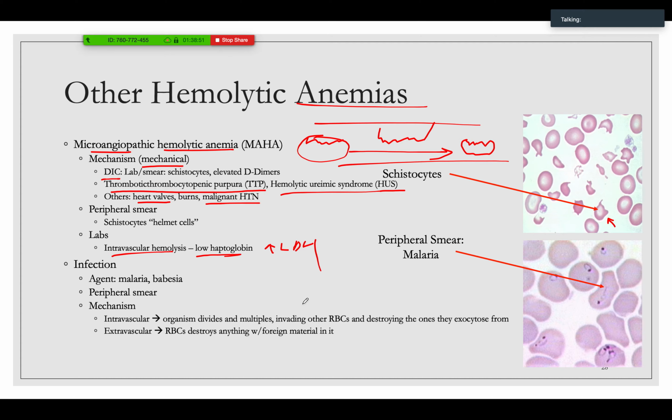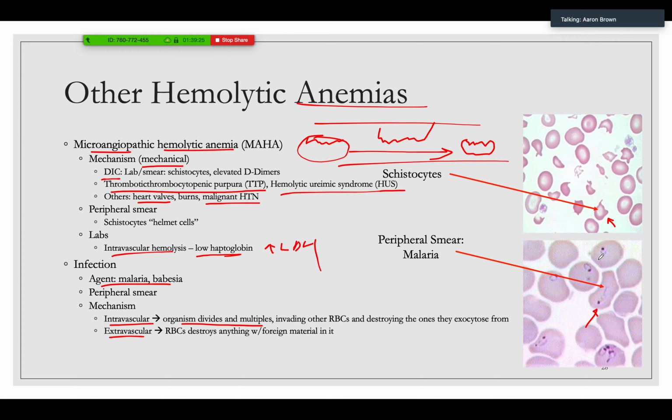Okay. Another type of hemolytic anemia, some sort of infection. So malaria, babesia, all of these different parasites that are transmitted by mosquitoes. You can look at the peripheral smear and usually you can see the little parasite inside of a red blood cell. It's going to have intravascular hemolysis as they multiply and divide and pop the red blood cells open to release their babies, and extravascular as the spleen is destroying anything that looks weird.